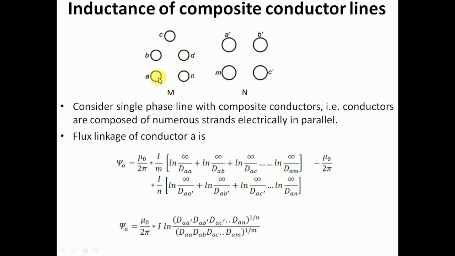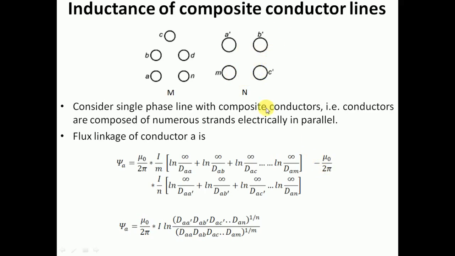As I told you, this conductor A will have external flux linkage due to these subconductors in conductor N also. So writing down the external flux linkage due to these subconductors, we will be writing the relation as minus mu 0 by 2 pi I by n. Why this minus came here is, this phase line is actually the return path, so definitely the current which will be flowing through this phase line will be minus I, and the current which will be flowing through all the subconductors will be minus I by n, as there are n subconductors in this single phase line.